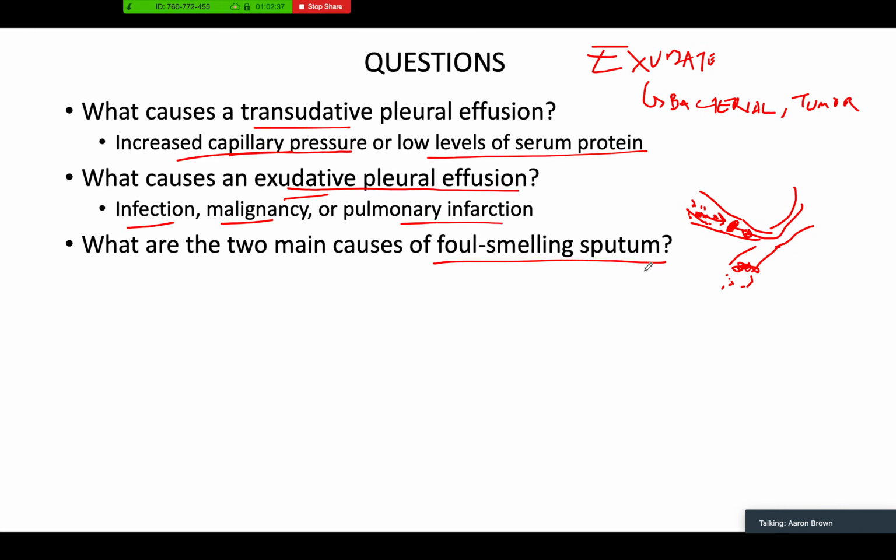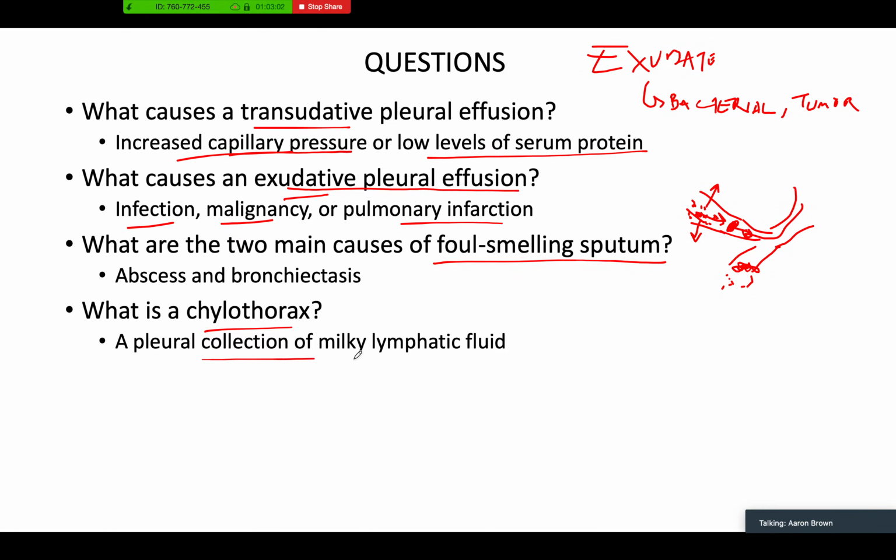When this happens over a long period of time, your downstream airways are going to dilate, and those downstream airways are going to become very stinky. And so in terms of foul-smelling sputum, think about bronchiectasis, and the other main cause, pulmonary-wise, could be an abscess in the lung. Okay? Very good.